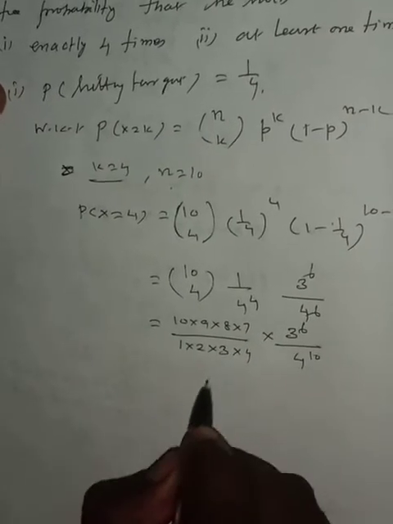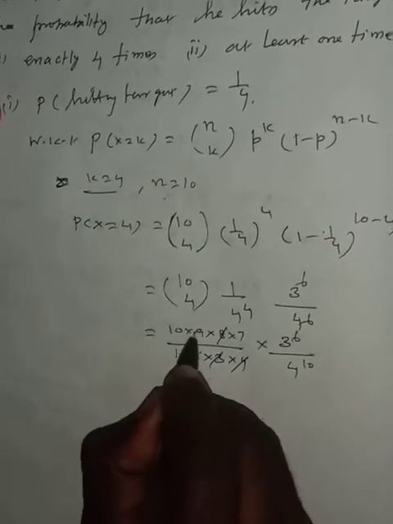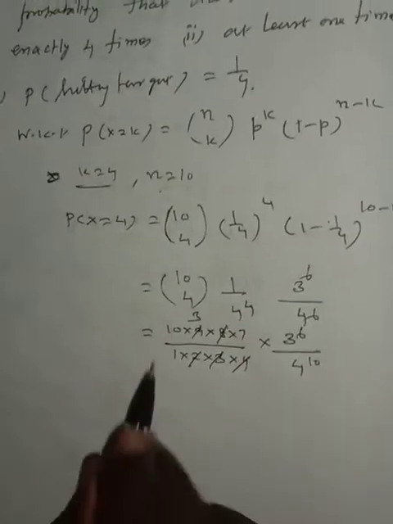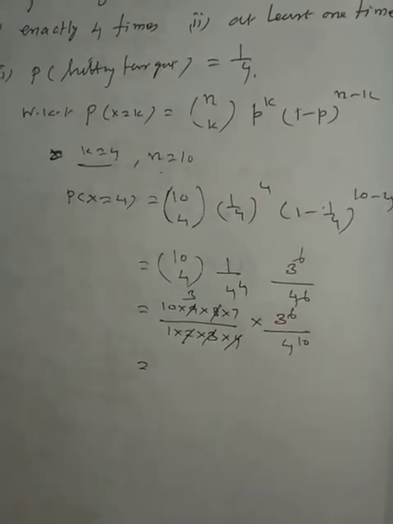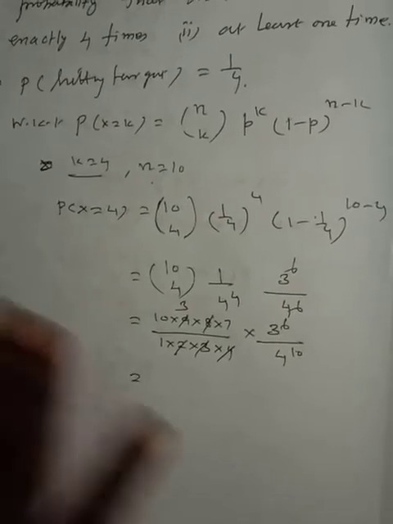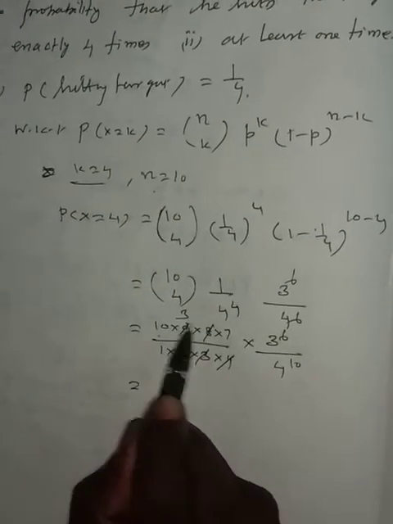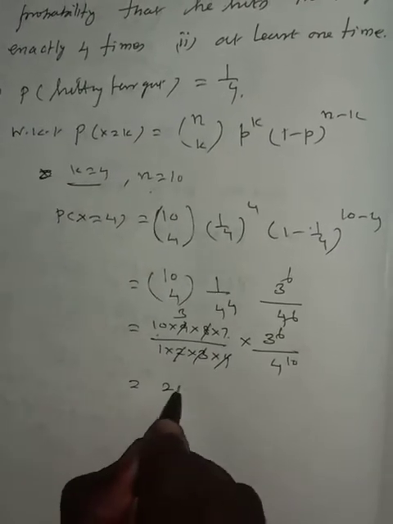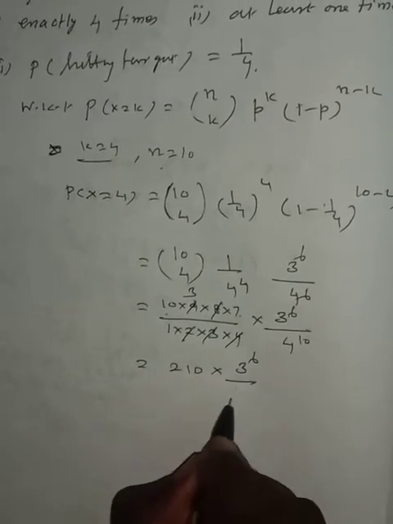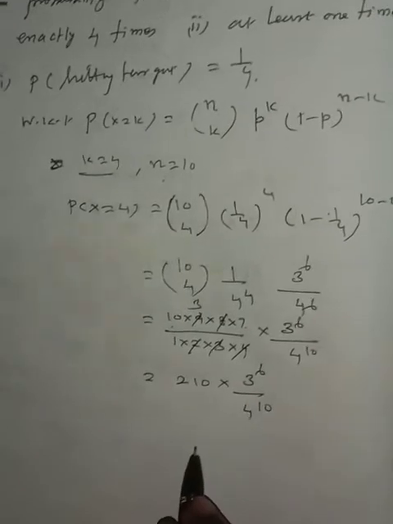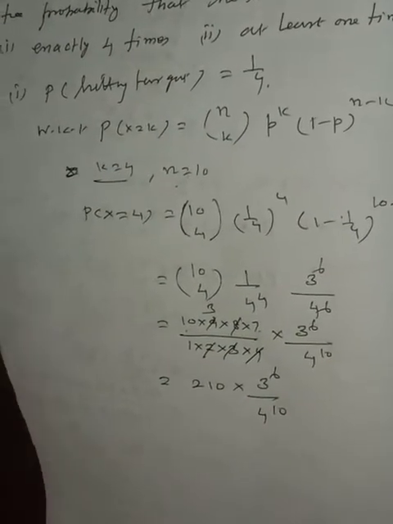Now 2 4s are 8, 3 3s are 9. So 210 into 3 to the power of 6 divided by 4 to the power of 10. This is subdivision number 1.